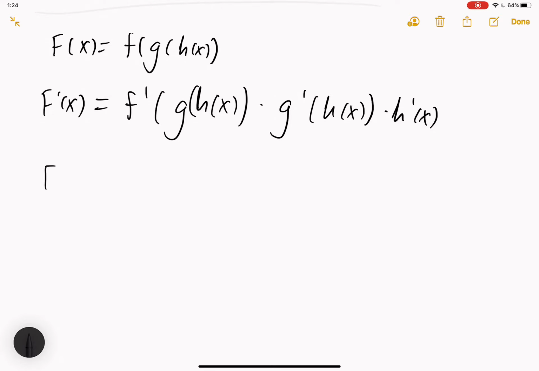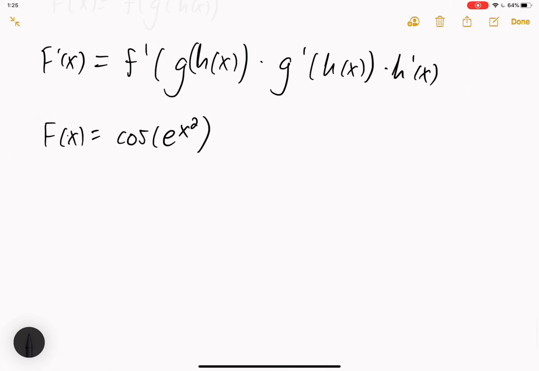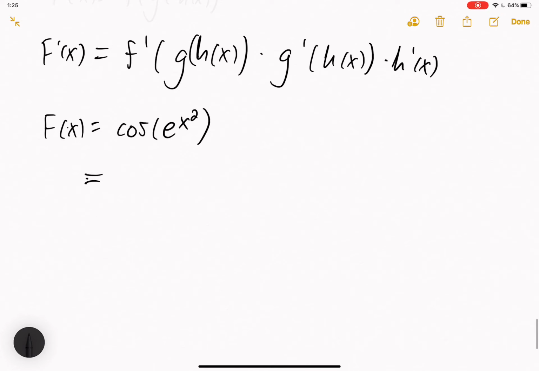And then one last example of what this would look like is if we did cosine of e to the x squared. Basically a similar situation to what we did before.